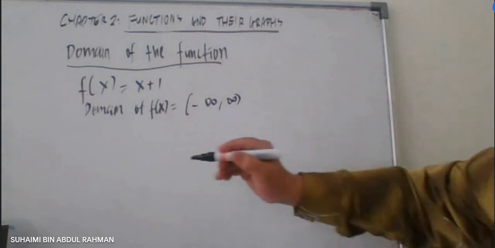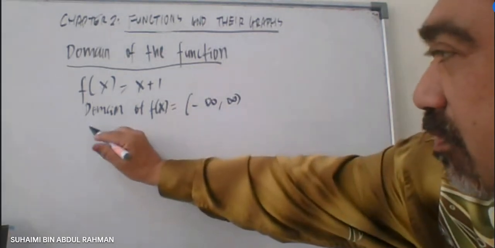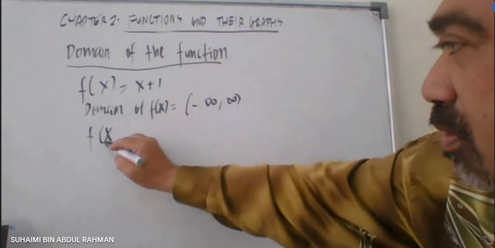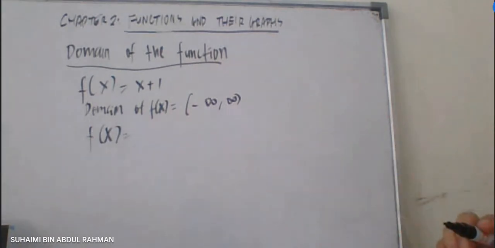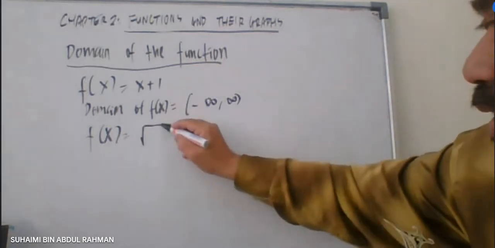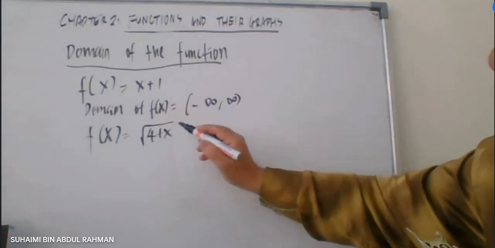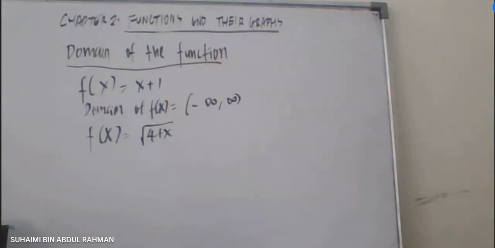Let's say another function: f(x) equal to the square root of 4 plus x. What is the domain? More than -4.